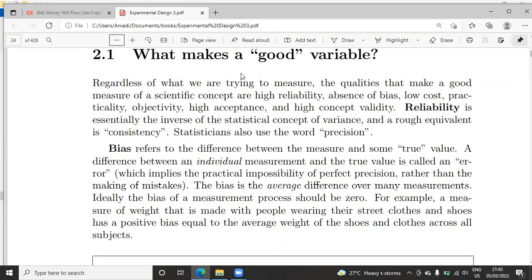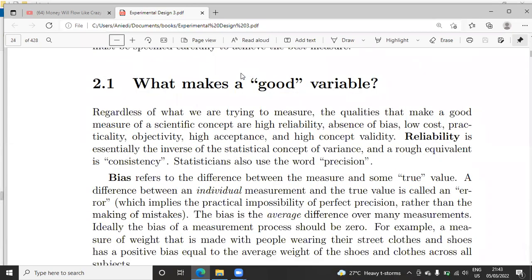Now, what makes a good variable? Regardless of what we are trying to measure, the qualities that make a good measure of a scientific concept are high reliability, absence of bias, low cost, practicality, like I just explained, objectivity, high acceptance, high concept validity.